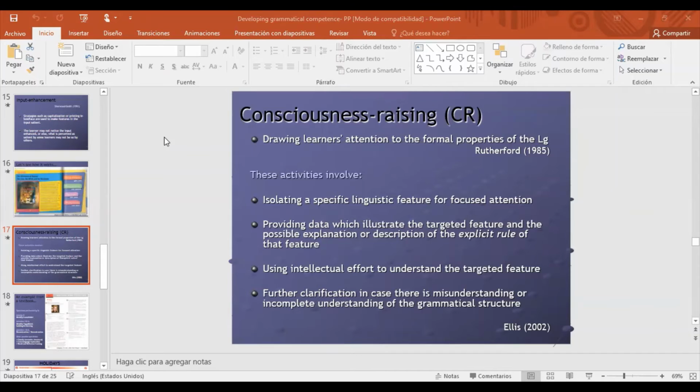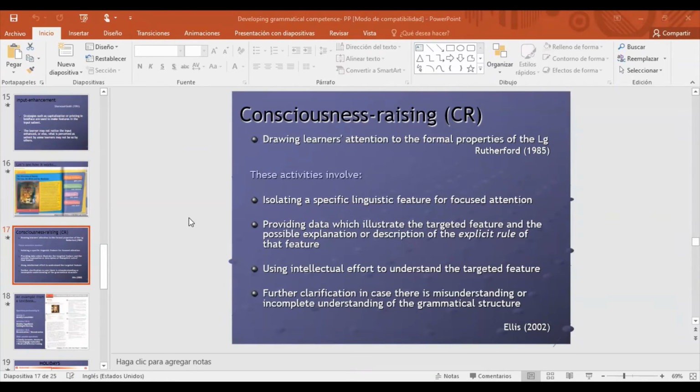We are not working directly as a starting point with an isolated structure, but rather we are working with the language as a whole. We are working with meaning first, and then the teacher helps students isolate a particular structure and work on that, right?